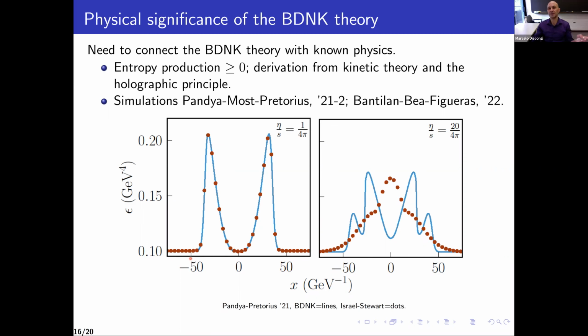So they're comparing BDNK with Israel-Stewart. And what they found is that if viscosity is very small, BDNK and Israel-Stewart give basically the same result. Okay, so there is basically no difference between Israel-Stewart and BDNK if viscosity is small. If viscosity is large, the theories give different results. But if viscosity is large, you might as well already be outside the regime where either theory is supposed to be a good description. Okay, so maybe we shouldn't trust either theory in this case.